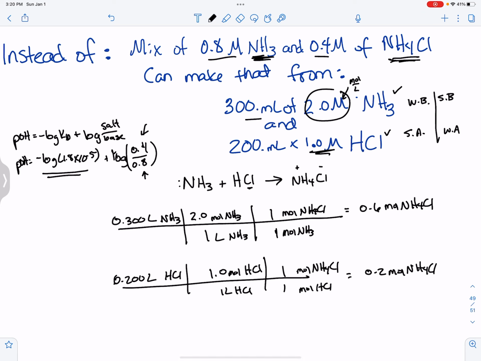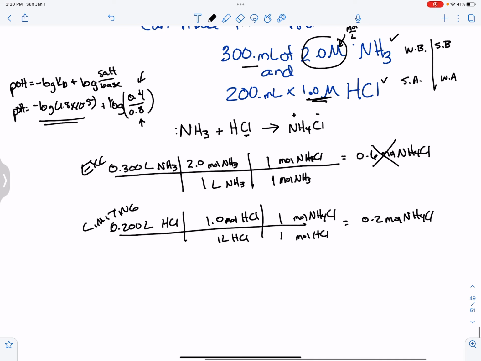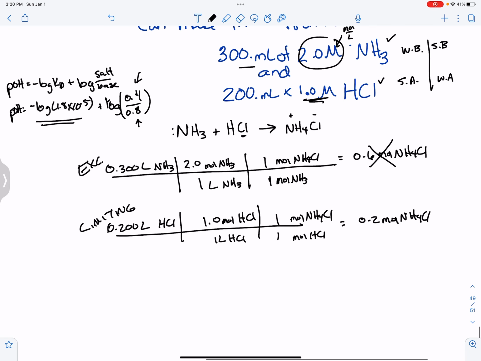So between the two of them, the one that is giving me the excess is this one. This is my limiting. So that number right there is not the number that I use. That gives me my salt amount. And you might be saying, but wait a second, how come over here, if you're trying to do the same one?